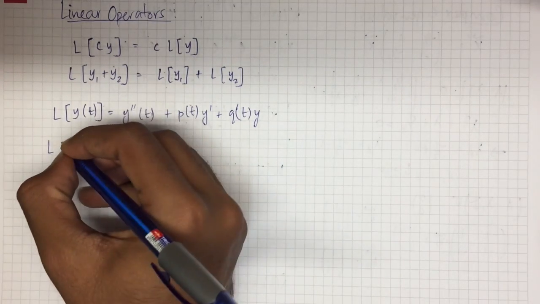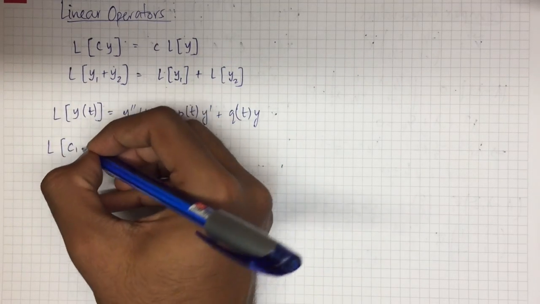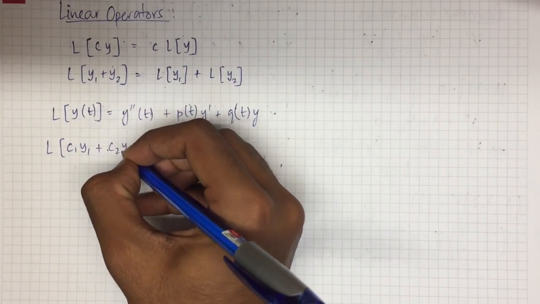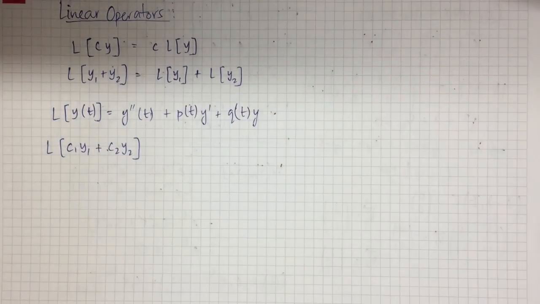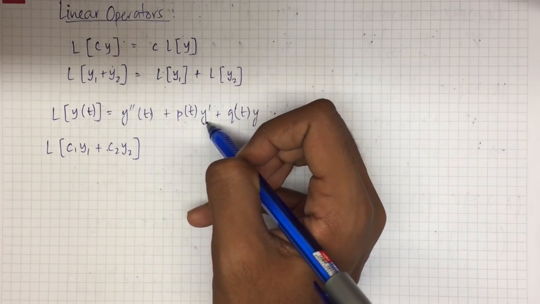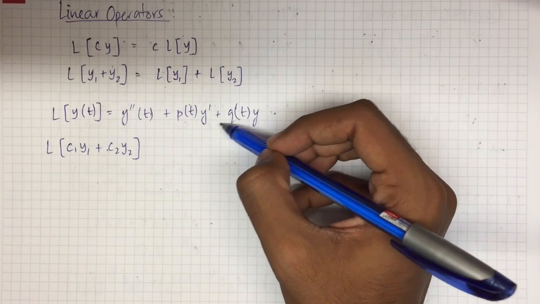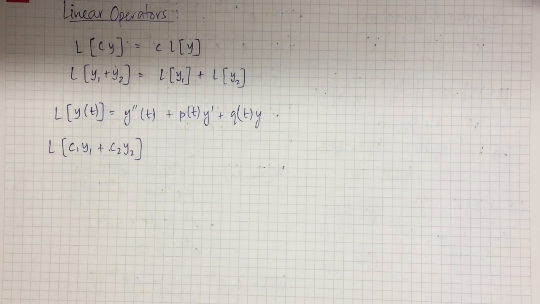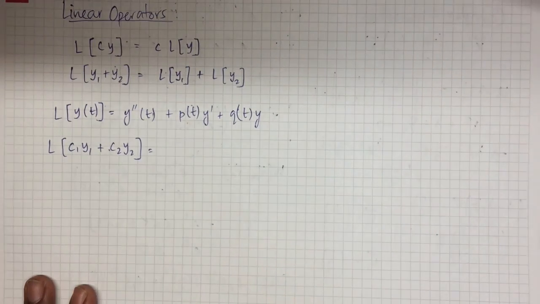So if I'm doing the operation on, let's say, c1 times y1 of t plus c2 times y2 of t, where L of y is y double prime of t plus p of t y prime of t plus q of t times y. So you understand how it works, right? If that is the case, what would we get?